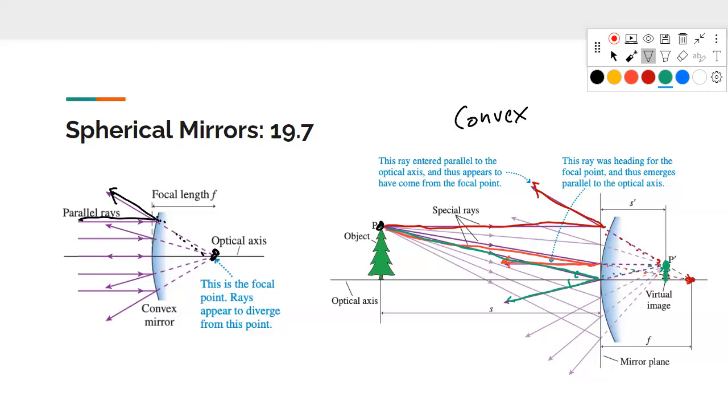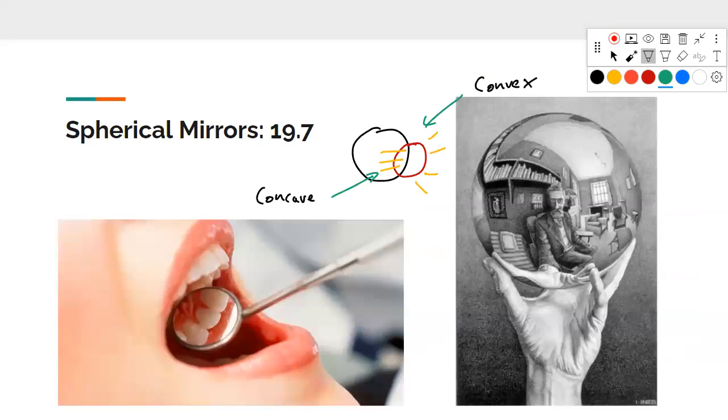And this is really beneficial in a few different applications. So we have this sphere here, which is just something really pretty. But you see these mirrors on the side mirrors of cars, because they help to condense the information in that vicinity. They shrink it down into a small viewing area so that you can drive while also monitoring who's beside you.